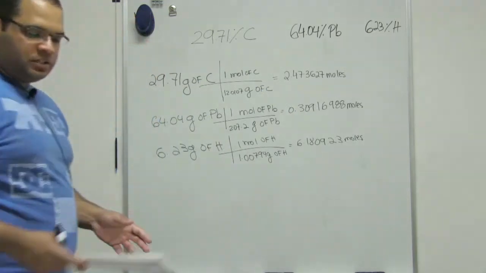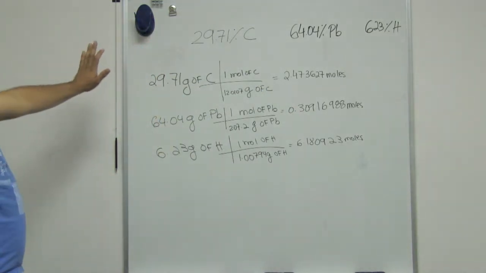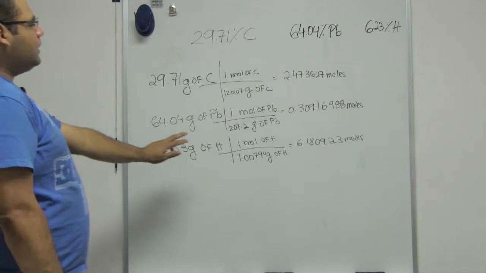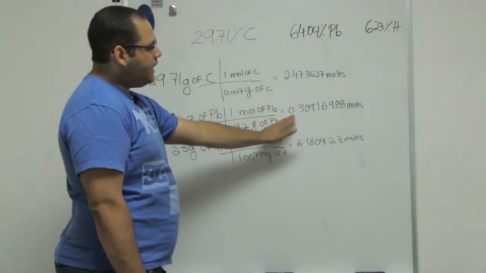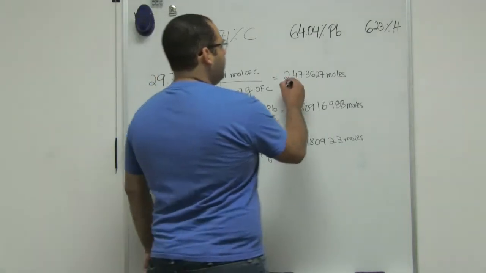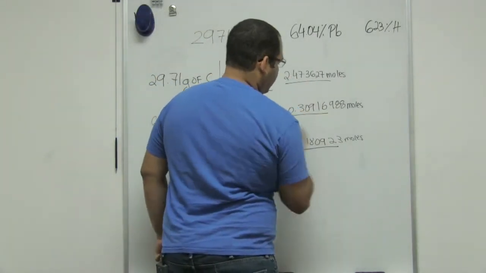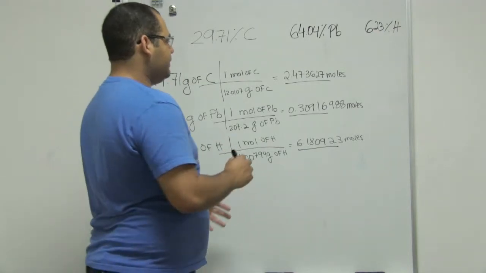Now that I have the moles of each one of my specific elements, I look at it and say, well, this one here has the smallest number. Because it has the smallest number, I divide everybody by the smallest number.